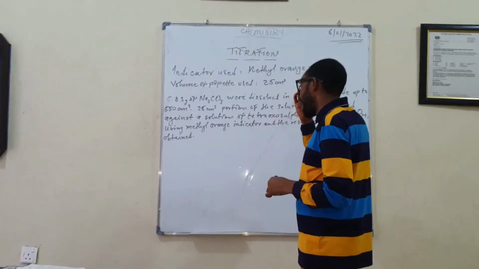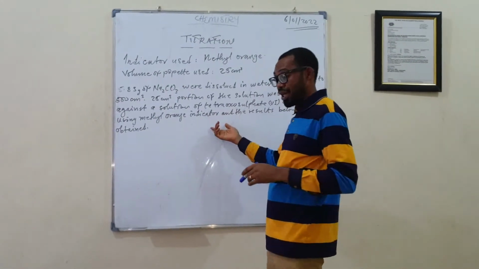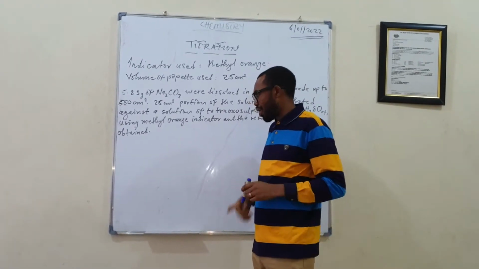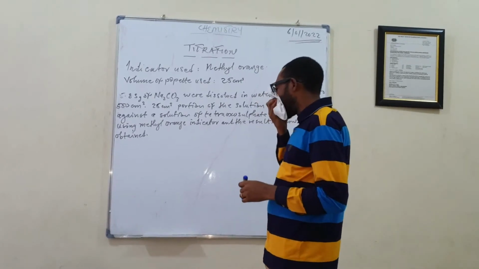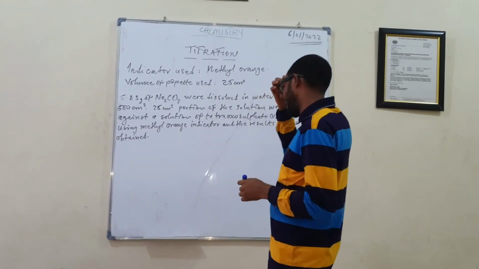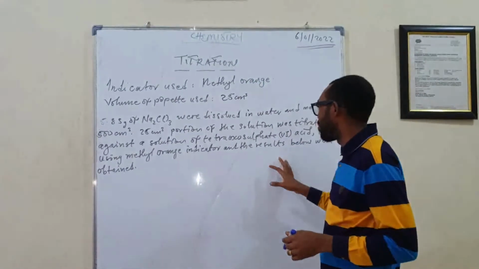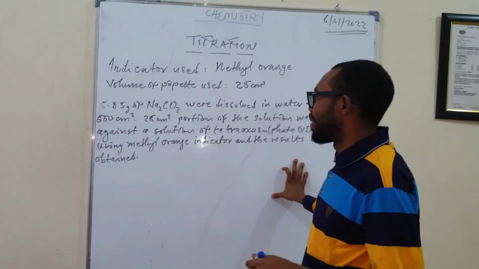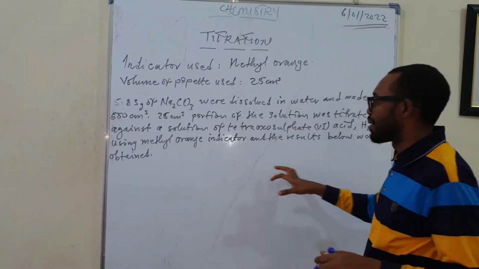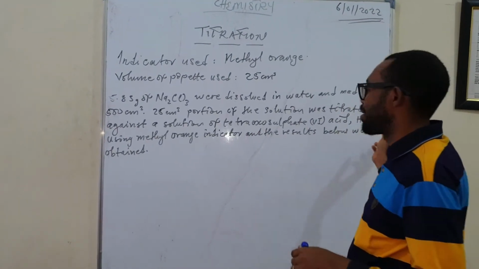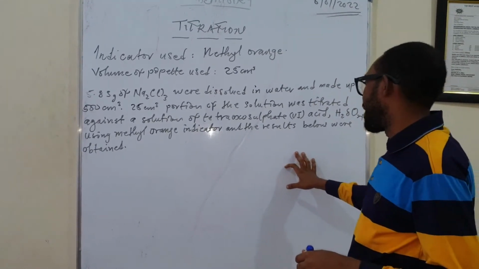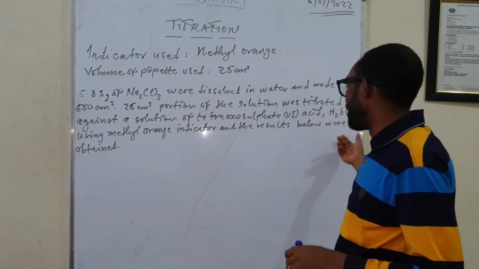Now actually I need to bring the question up so that you can follow as I try to solve. This is the question: 5.83 grams of sodium trioxocarbonate(IV) dissolved in water and made up to 500 cm³. A 25 cm³ portion of the solution was titrated against a solution of tetraoxosulphate(VI) acid, H2SO4, using methyl orange indicator, and the results below were obtained.